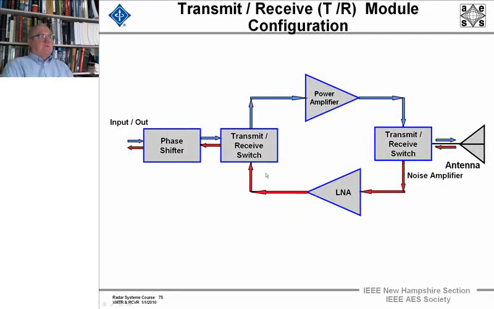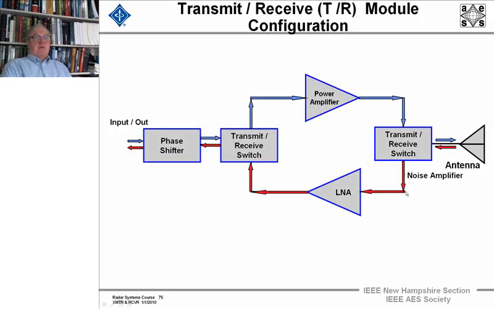If you look at it simply, what you have is a phase shifter that's going to shift the phase appropriately, and on transmit it's blue, and on receive it's red. And you send the signal out, you go through a TR switch, amplify the signal, it gets switched here and then out the antenna.